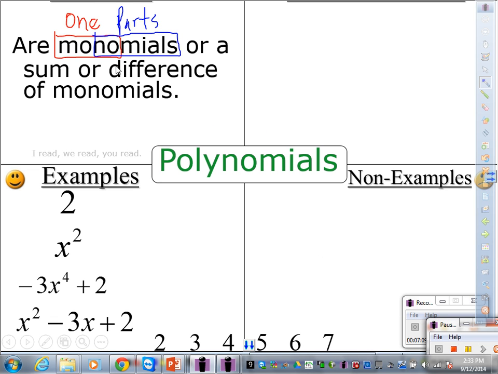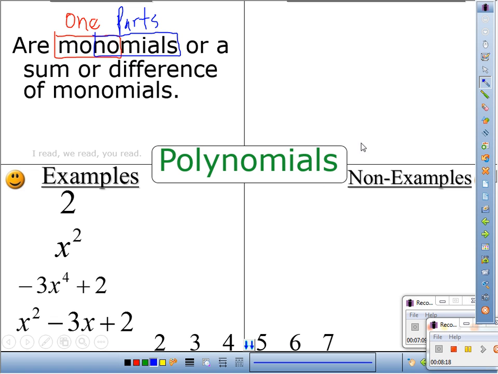Hold on. So a monomial has one part. Look at it. Here's one part. However, look at this one. Everybody look up. This one has three monomials. Does everybody see that? Okay? So when you were growing up, you weren't able to ride a bike yet. You rode a tricycle because it has three wheels.